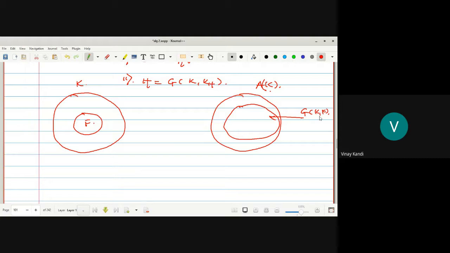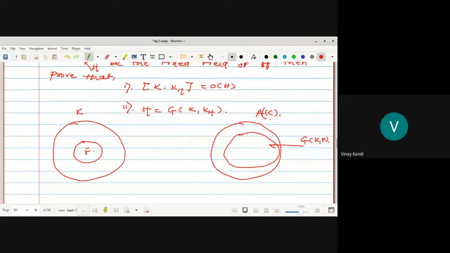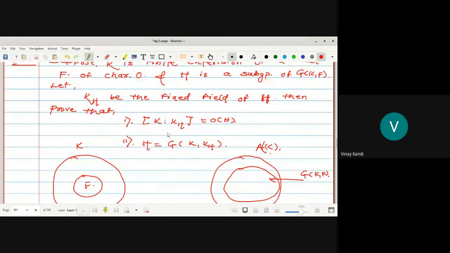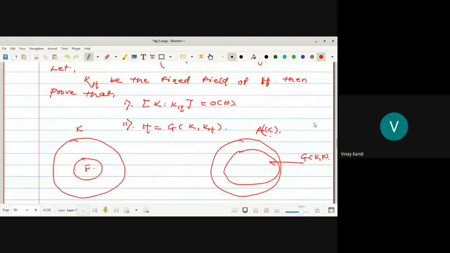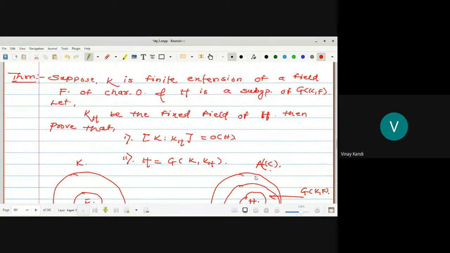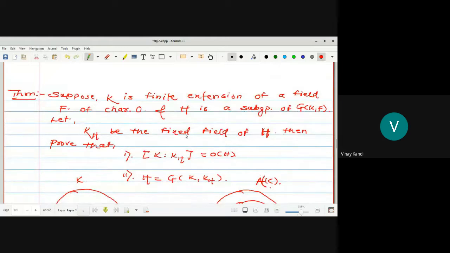What is K_H? K_H is the fixed field of H. But what is H? H is a subgroup of G(K/F). This is H, and K_H is the fixed field of H. So this K_H will come here.